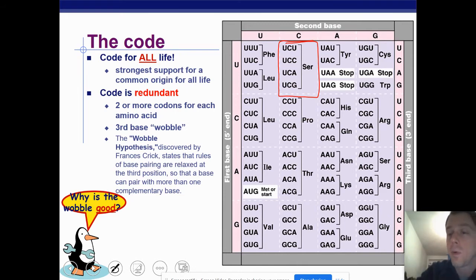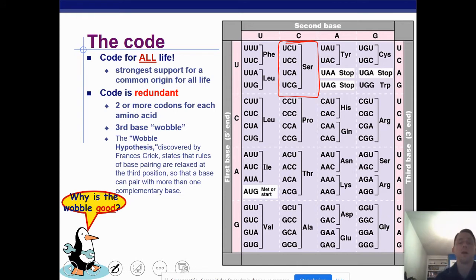Serine can be coded for by 4 different codons. The first one is UCU, followed by UCC, and then UCA, and then UCG. Notice what they all have in common, the U and the C, but it's the third letter that's different. That is what we refer to as the wobble.